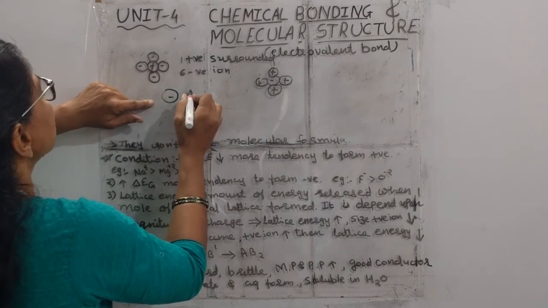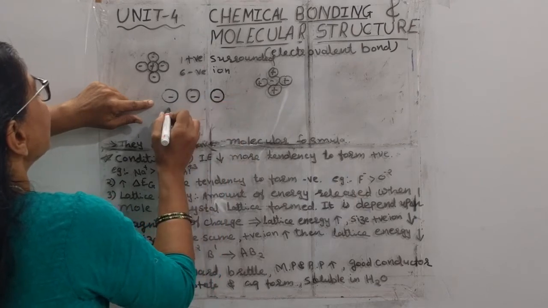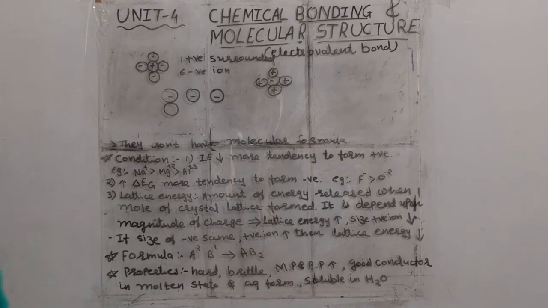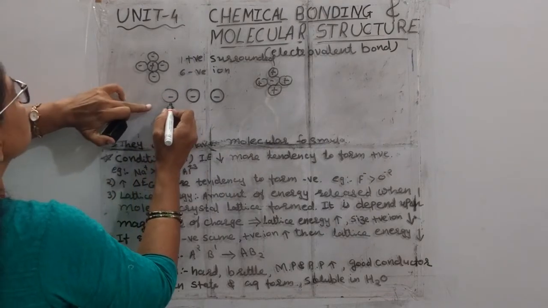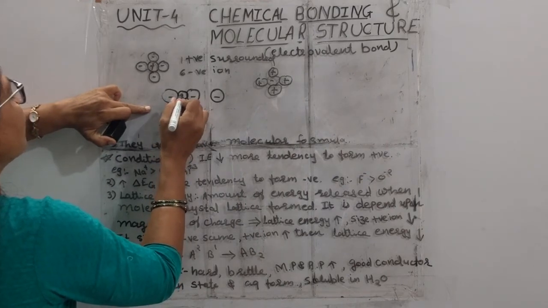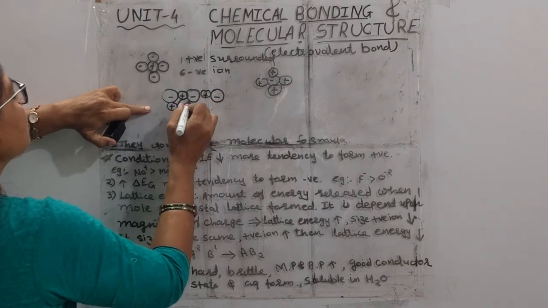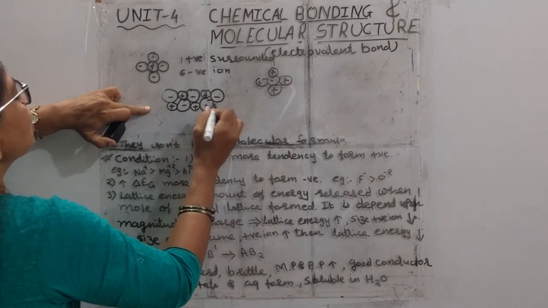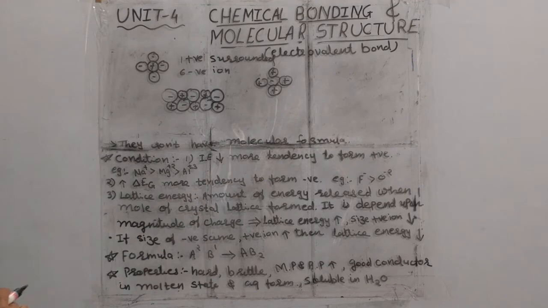So suppose this is the formation of anion. Here you have a cation. This way, student, this arrangement is there.